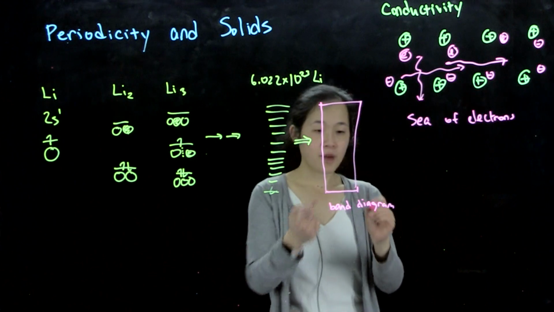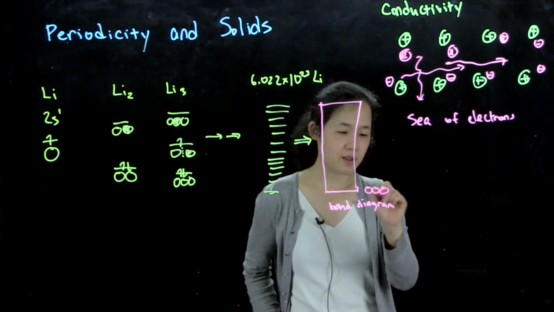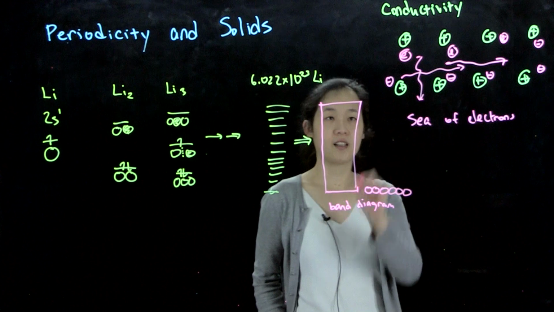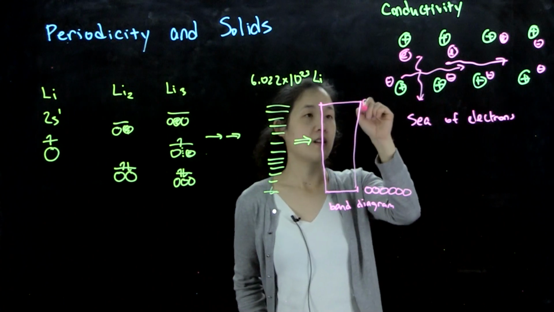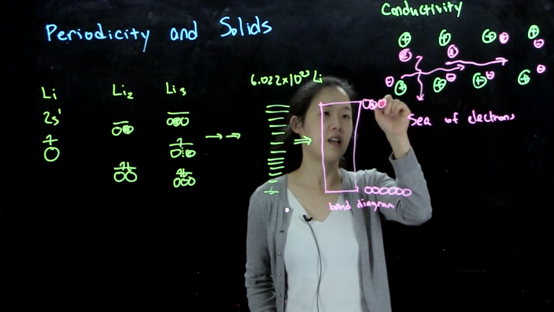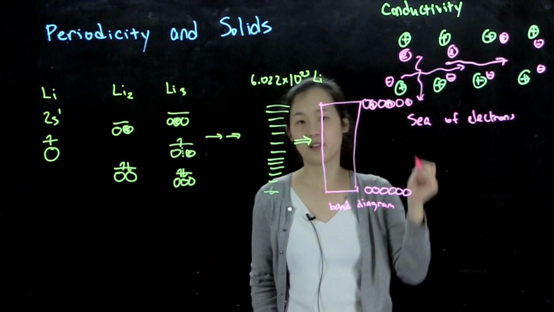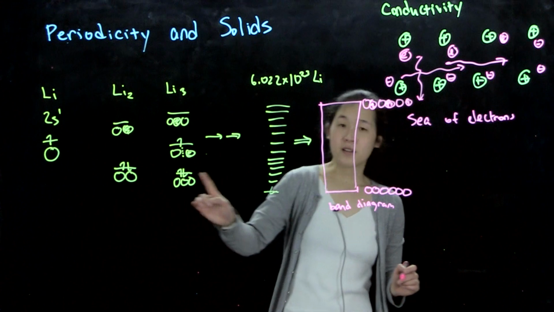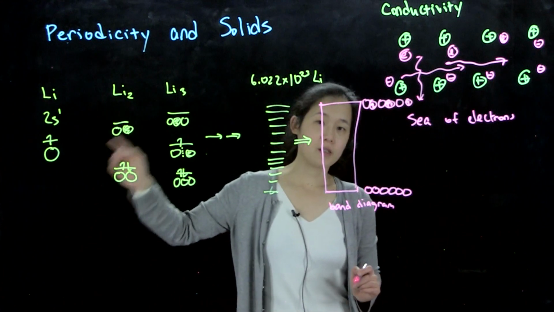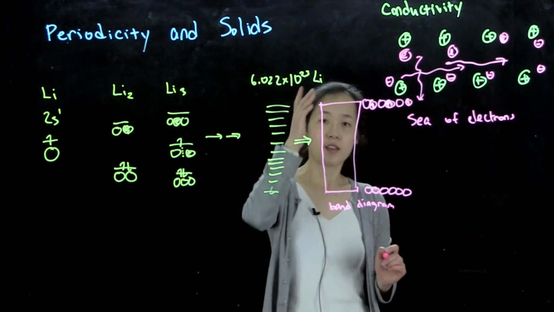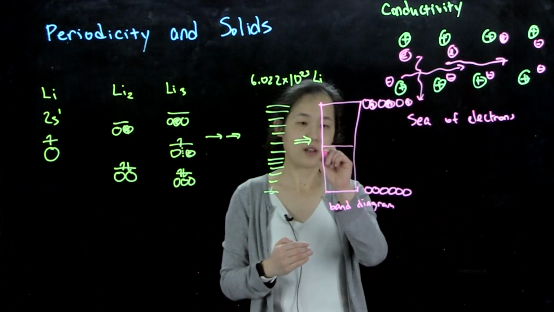At the very bottom is the all-in-phase combination, and at the very top is the all-out-of-phase anti-bonding combination, et cetera. Because the s orbitals of the lithium atom are half filled, this band will be half filled with electrons.